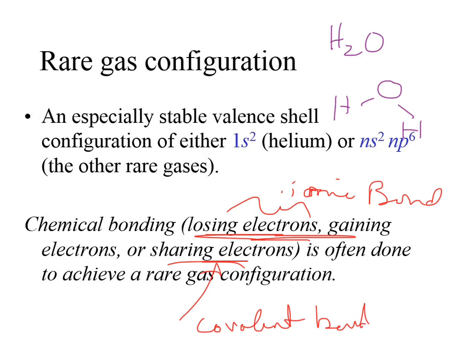But whatever they do, whether they lose or gain electrons or share electrons, it's all about getting what we call rare gas configuration for their valence electrons. Now, some of you have learned this as a complete octet, but if you take the 2 electrons in the ns subshell and the 6 electrons in the np subshell, actually you do get 8. This is sometimes called a complete octet. More about this in the next part.